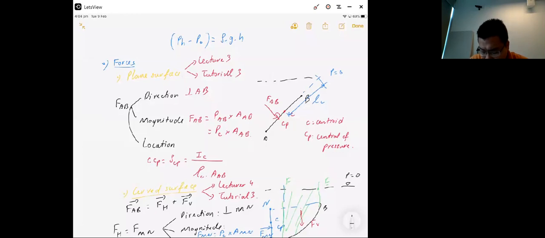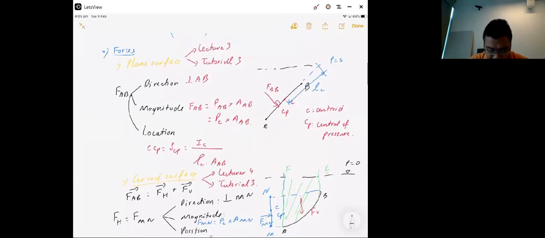For example, we have a plane surface AB. The force applied to AB is in the direction perpendicular to AB. The magnitude F_AB equals pressure times area. The pressure applied to AB equals the pressure applied at C, the centroid of AB.